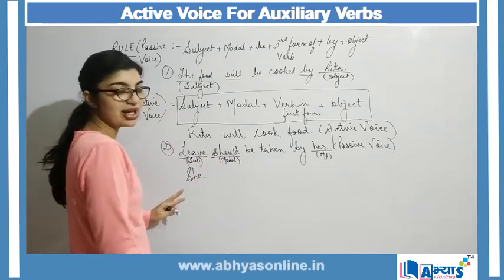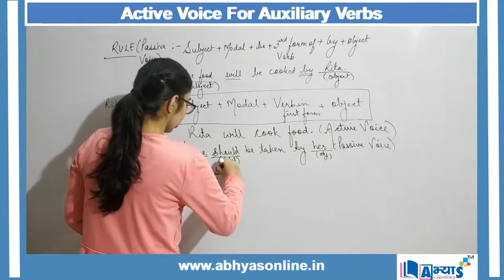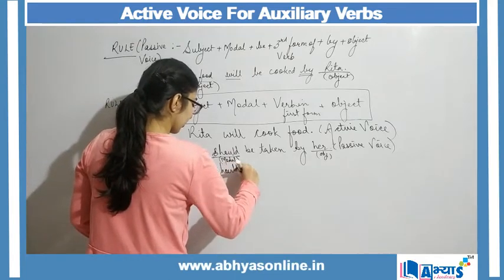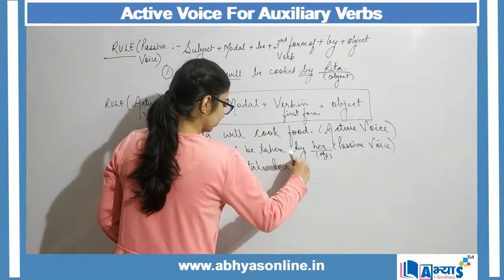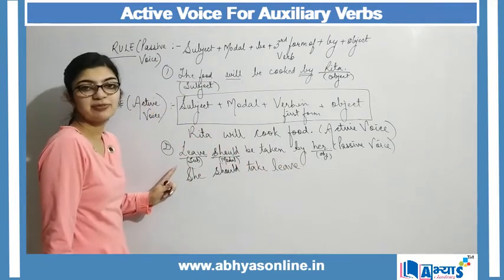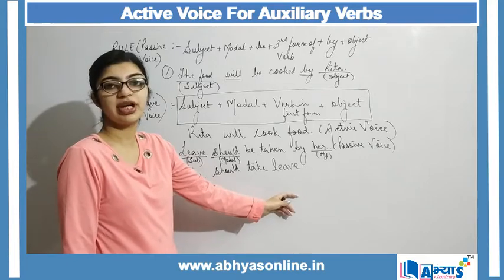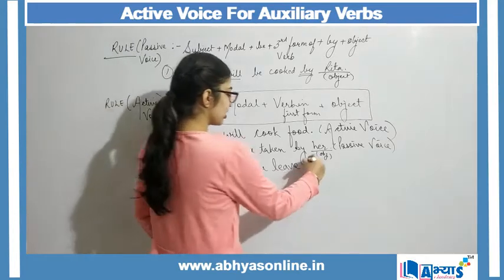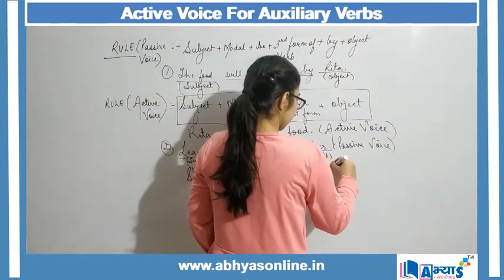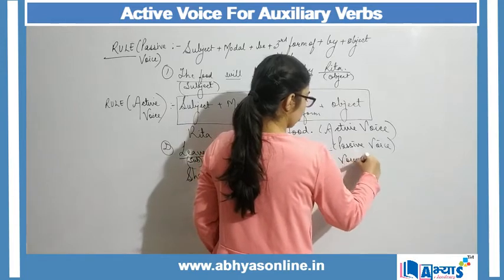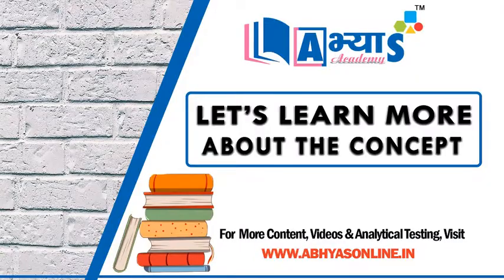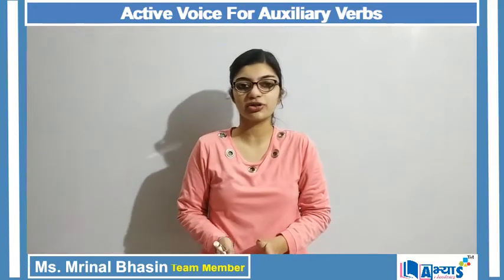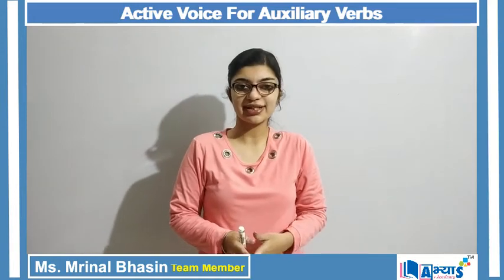So I will say she should take leave. Leave is the subject over here, and it becomes the object for active voice. So now I have converted my sentence from passive voice to active voice.